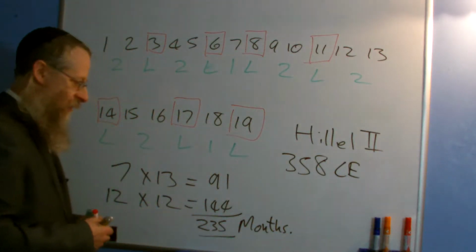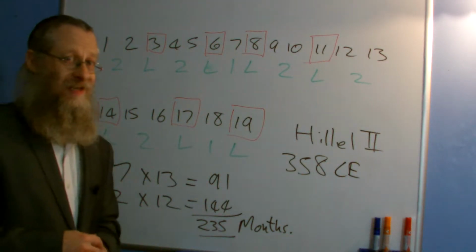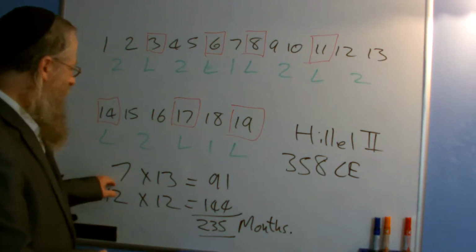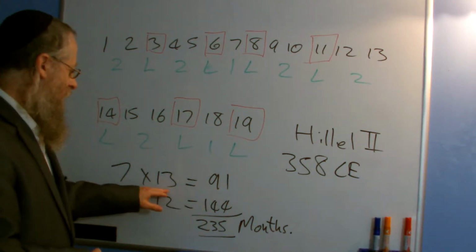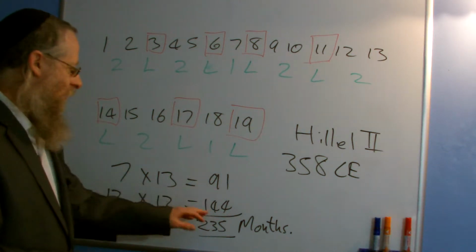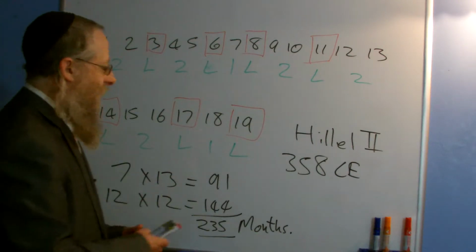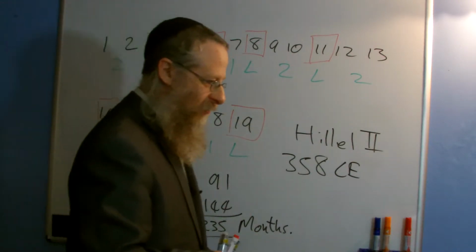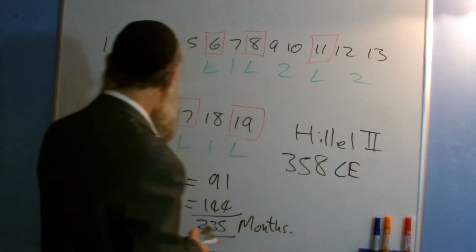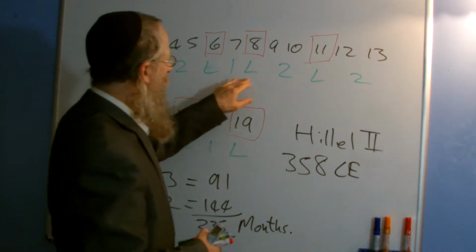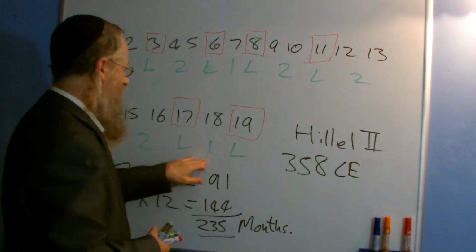So we have 235 months in those 19 years, of which 7 years are of 13 months and 12 years are of 12 months. Now, we're going to show you some interesting things. The first thing I'm going to show you is these numbers here, 2, 2, 1, 2, 2, 2, 1.